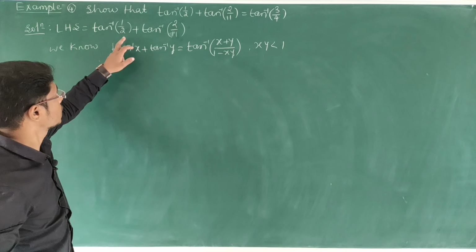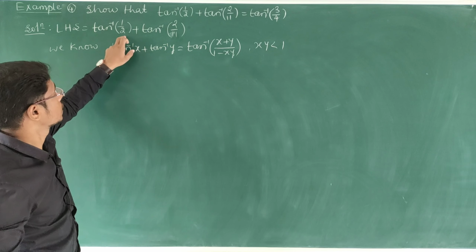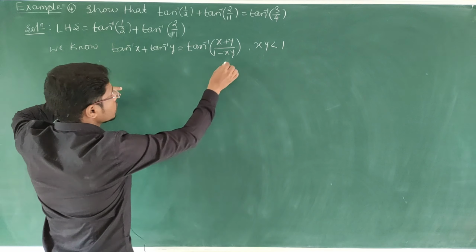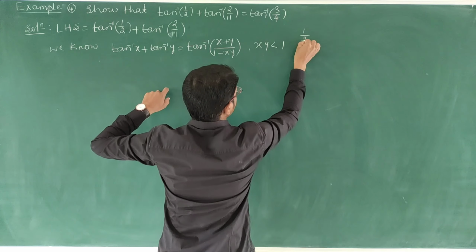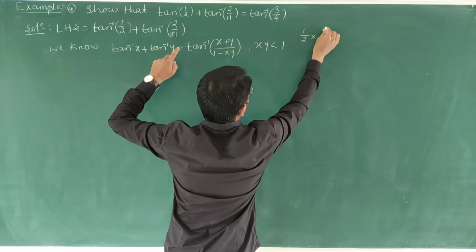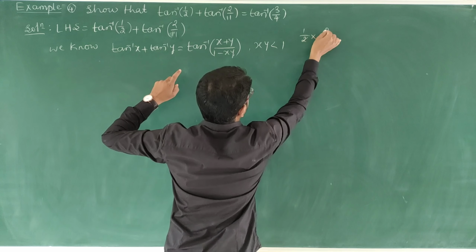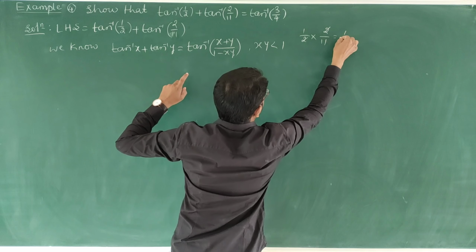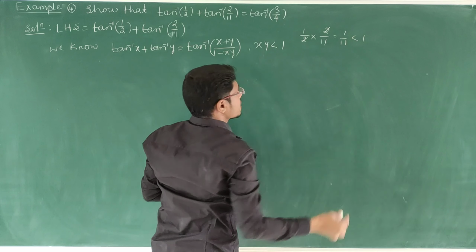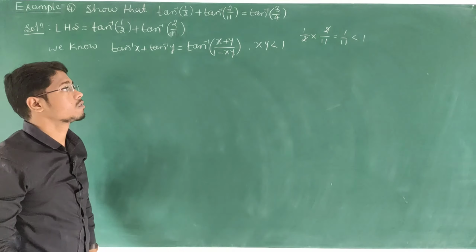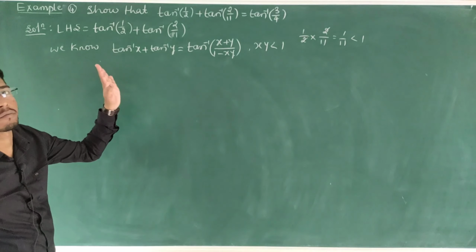See, x into y is 1 by 2 into 2 by 11, gets cancelled, remaining is 1 by 11. This is obviously less than 1. So x into y is less than 1, we can apply this formula.